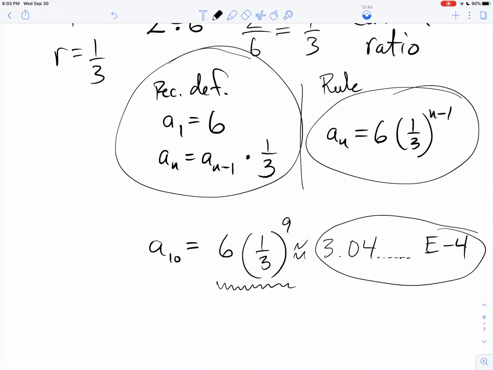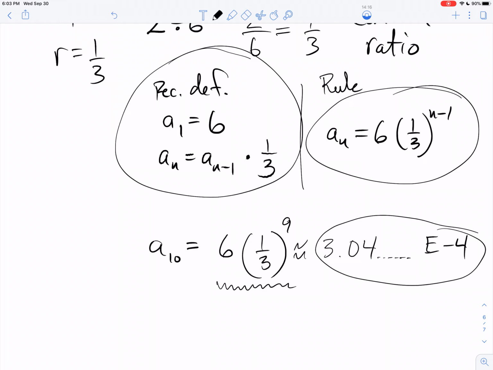I'm going to try it on the 84 and see what happens. So once again, it was 6 times 1/3 to the power of 9, and yep, there I get it again, 3.048315806 E negative 4. Well, that's a really, really tiny number. That's what that means. It's a super tiny number, but what actually is that number?